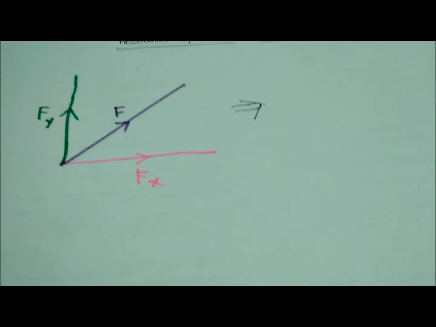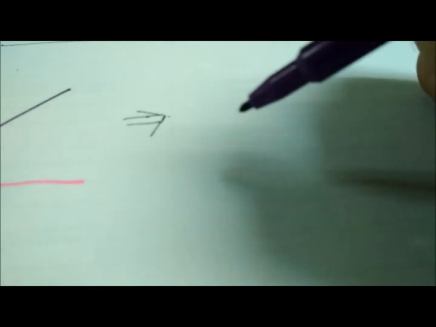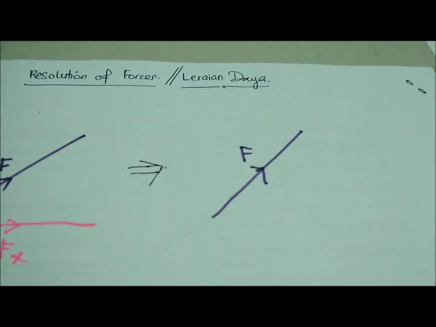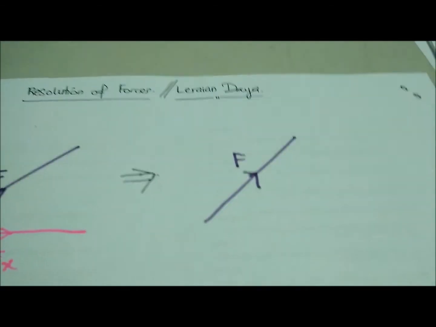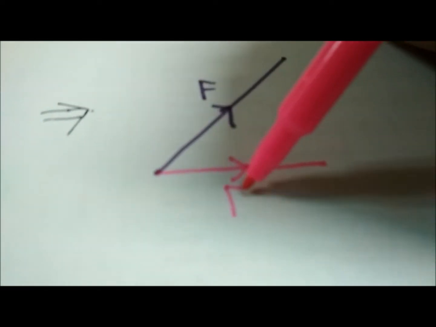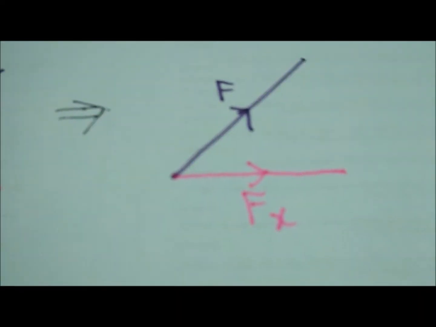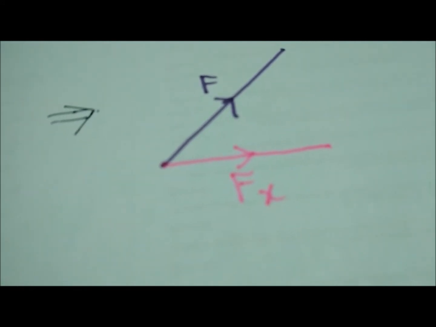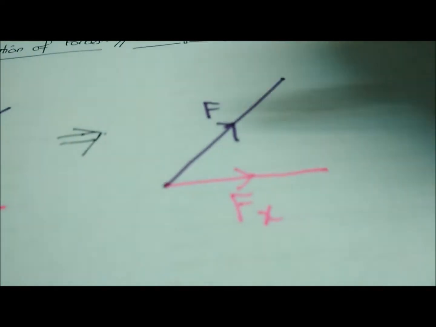Just now this one is force F. Force F component X goes from here to here, Fx, and then after that it goes upright.